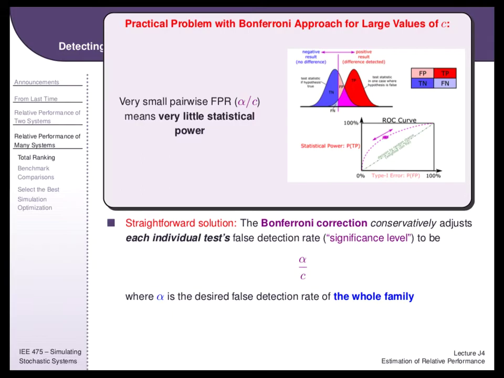As your alpha, your type 1 error rate goes lower, your statistical power also gets lower. So as your individual false positive rate goes to 0, your individual ability to see any true positives also goes to 0. So you lose all your statistical power with this Bonferroni correction.